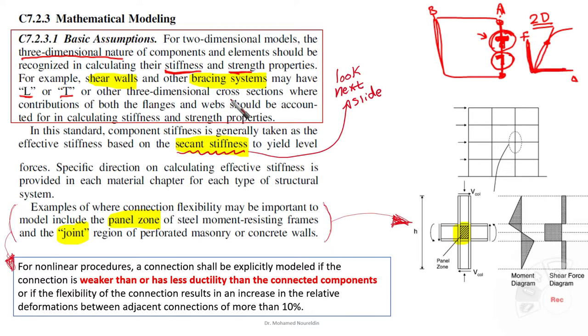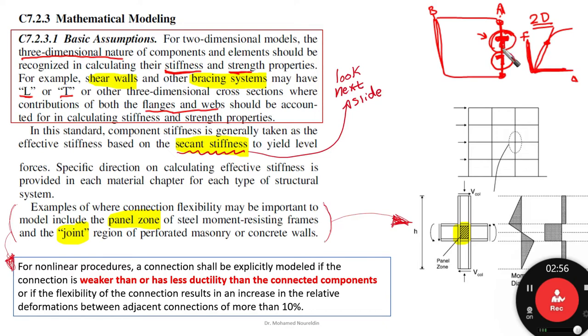So for example, if we have shear walls and other bracing systems that may have L or T or other three-dimensional cross-sections, the contributions of both the flanges and webs should be accounted for in calculating stiffness and strength properties. That's right, because stiffness is related to deflection, and strength means the shear strength that is going to be provided by the lateral resisting system under 2D analysis.